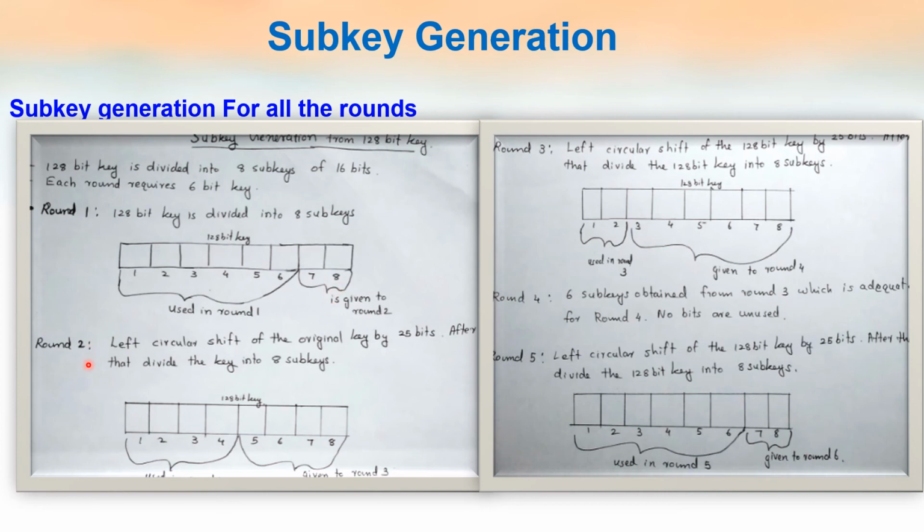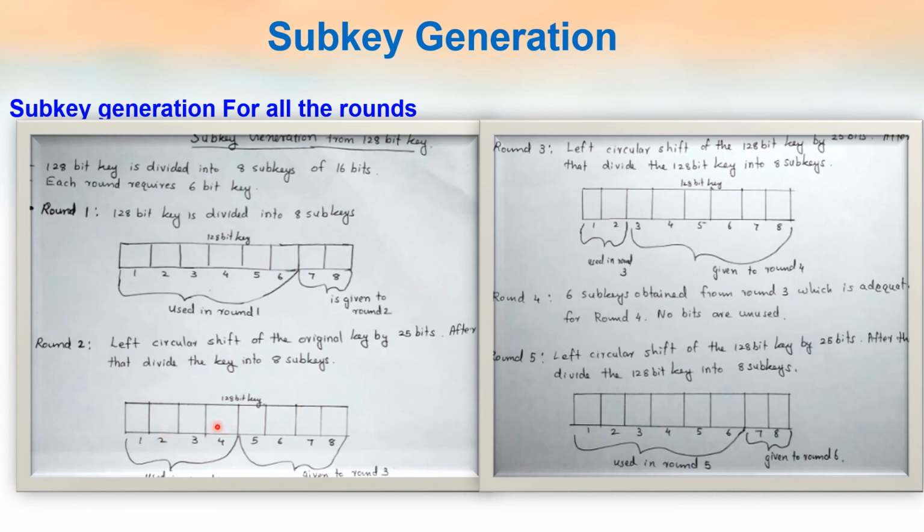So it has these 2 from here, and it should get 4 more subkeys. It has to generate them. For that, the original 128-bit key is first left circular shifted by 25 bits. This is to provide some randomness.